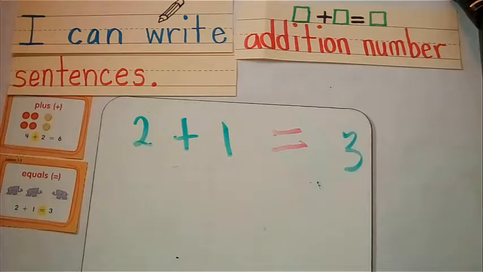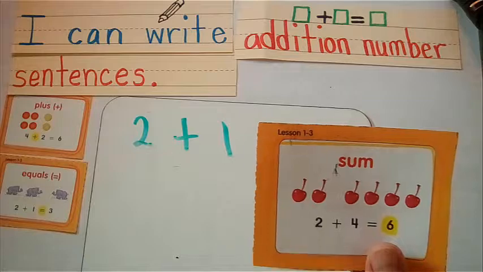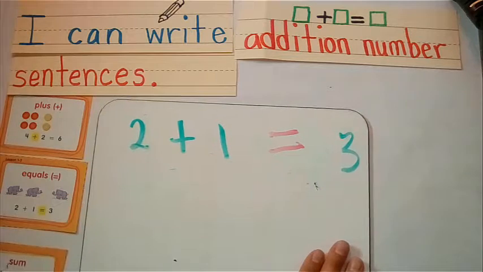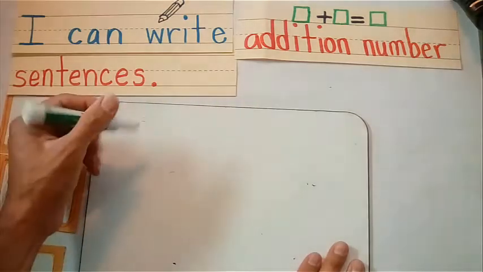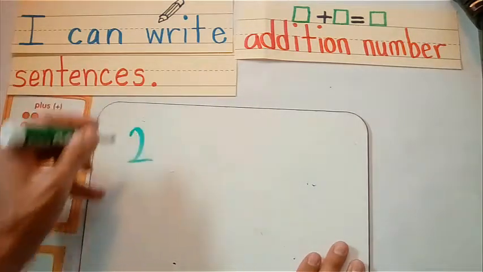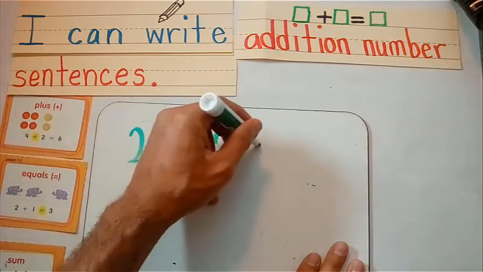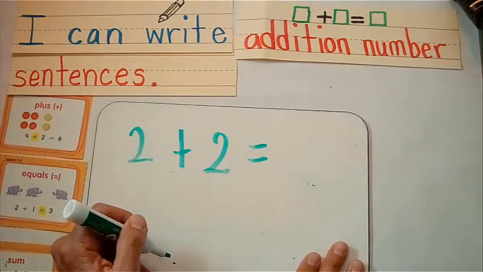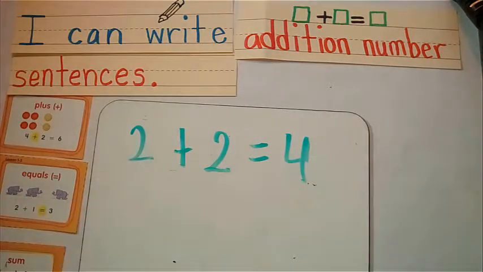Okay, another word that I want to talk about is the word sum. So when we have a number sentence again, we might say 2 plus 2 equals what? 4. Now, 4 is the answer.